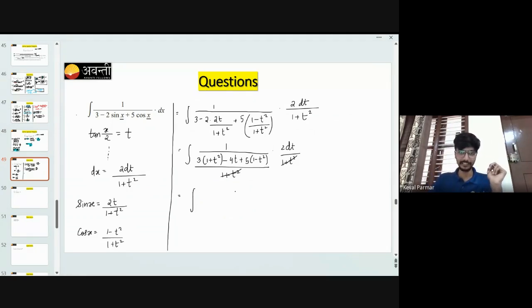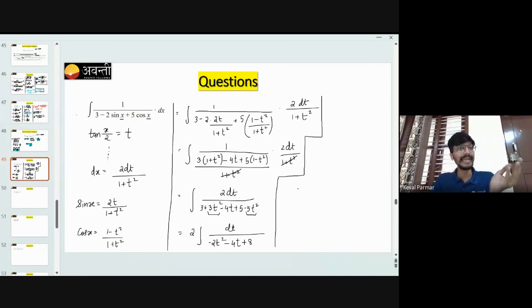So I'll get integration of 2 dt upon, if I open the bracket here, 3 plus 3t square minus 4t plus 5 minus 5t square. Correct? If I simplify the denominator, the 2 constant will come outside. So dt upon 3t square minus 5t square, so minus 2t square, and minus 4t, and plus 5 plus 3, so plus 8. So here, from here, what can I write?